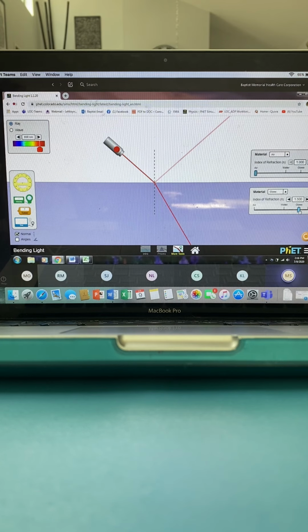Air is the lighter, less dense medium, and glass is the dense medium. Let's see how much wavelength or speed we have for this laser. Look at this, we can measure it.